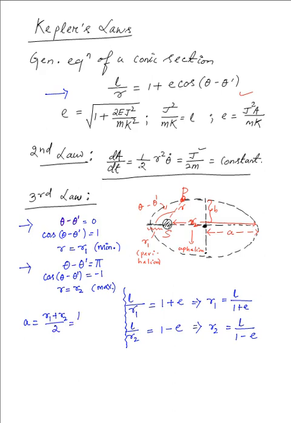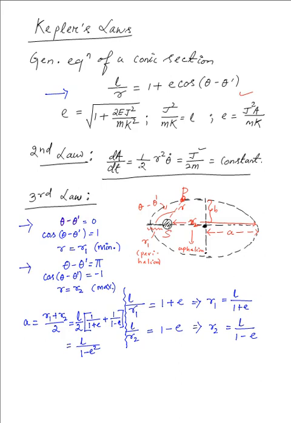That is equal to, we can take the L as common in both those right hand side equations that we see, and we are left with 1 by (1 plus e) plus 1 by (1 minus e) in brackets, and they will equate to L divided by (1 minus e squared). The 2 that comes up in the numerator gets cancelled with the 2 in the denominator term.